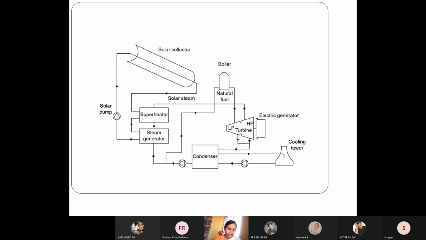This is the working of a Stirling or Brayton heat engine. The mirror focuses the sunlight, and the concentrated sunlight then heats up the working fluid to a high temperature. It will absorb the sunlight and convert cold water to hot water.